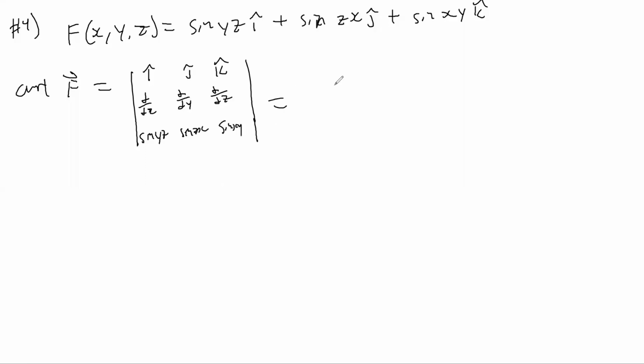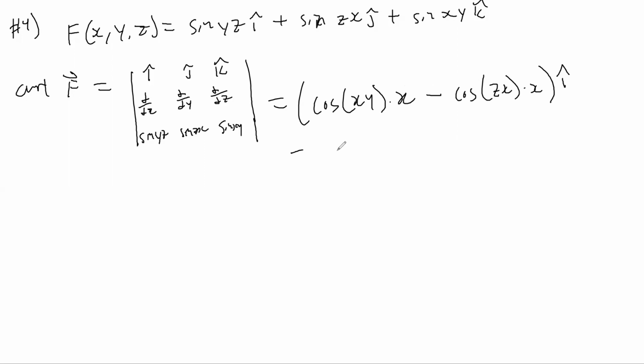That results in cosine of xy times x minus cosine of zx times x, i hat.